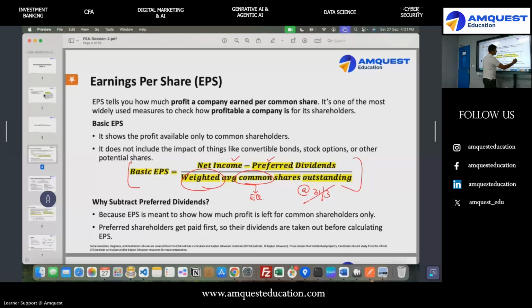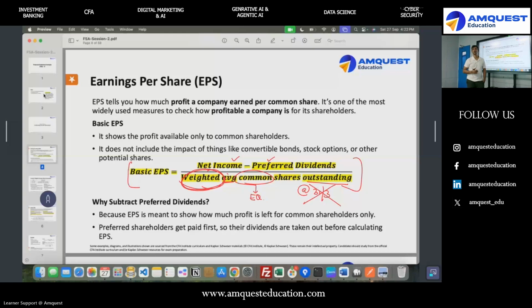This will be wrong. I have to take the shares outstanding throughout the year, right? And therefore, if some shares were issued or bought back, I have to adjust for the period. Therefore, I need to find out weighted number of shares. I need to find out weighted average. I can't find out just the closing outstanding.